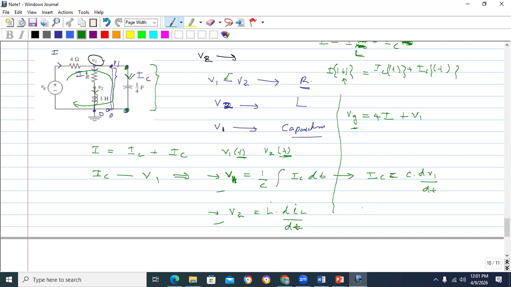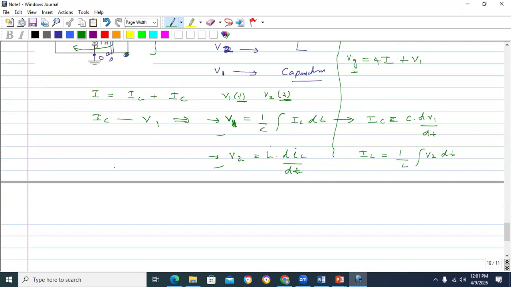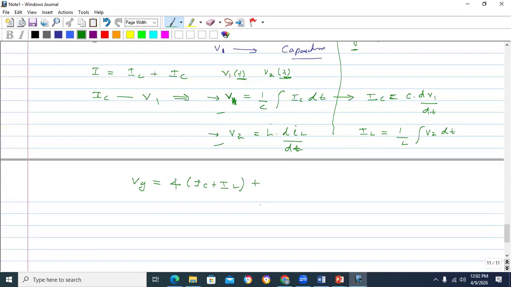And the current across the inductor IL is equal to 1 over L integration of V2 dt. You know that I is equal to IC plus IL. So VG is equal to 4 times (IC plus IL) plus V1.